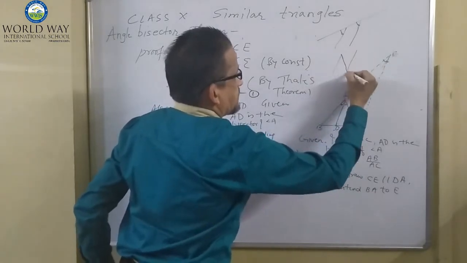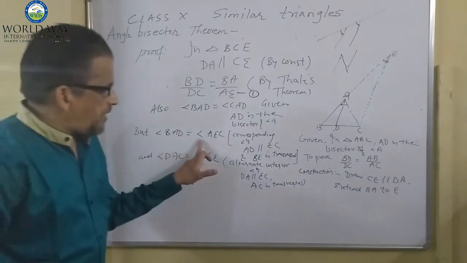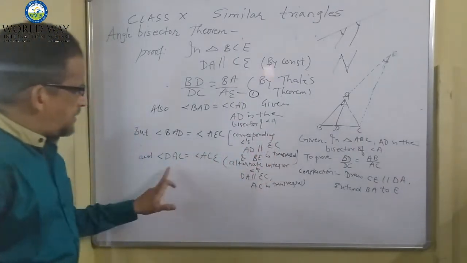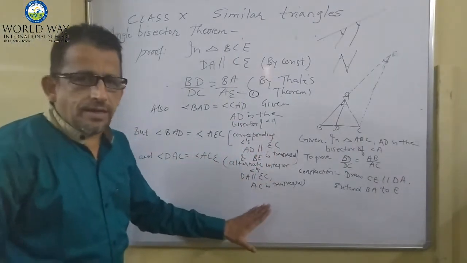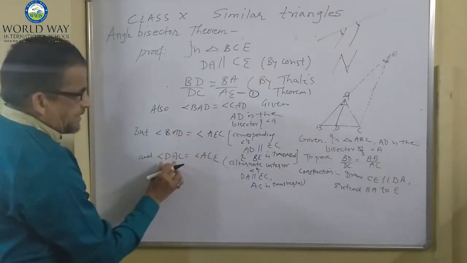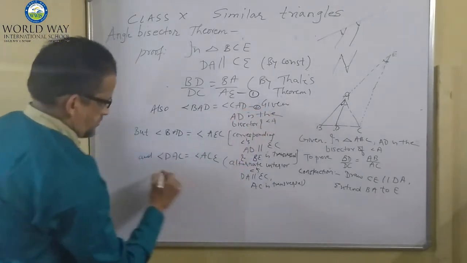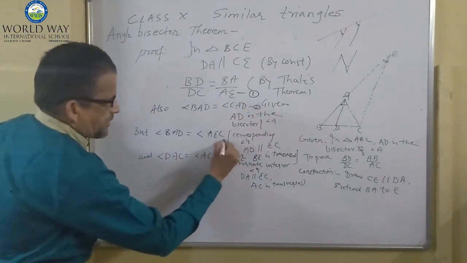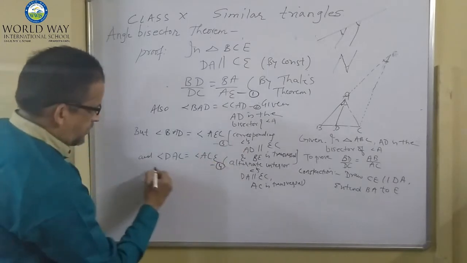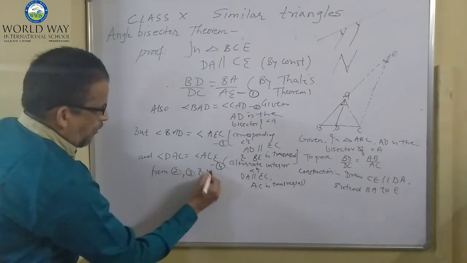This one is equal because of corresponding angles, and this one is equal because of alternate interior angles. Put these values of angle BAD and DAC here in equation number 2. This gives equation number 3. This gives equation number 4. So from 2, 3 and 4.